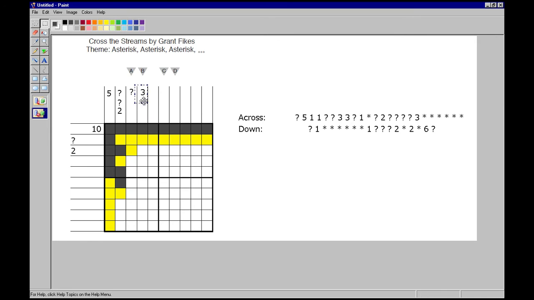If it were the first clue in this column, then as you can see, we just white out everything here and make it all disconnected. So, 3 has to be the second clue in this column. And we can white out this area, and in order for the 3 to connect without making it 2 by 2, we do that.